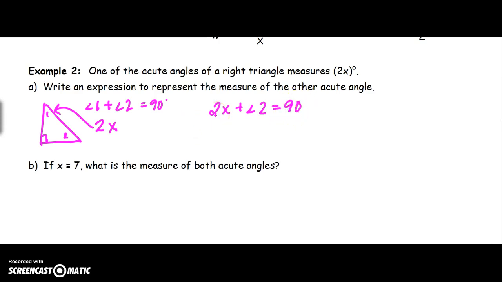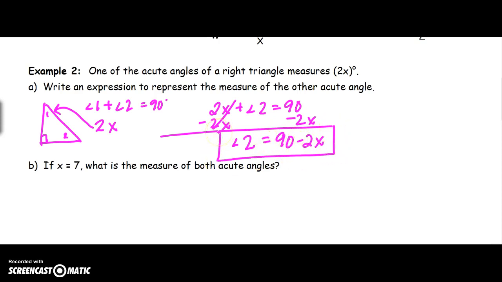What we would do in this example is subtract 2x from both sides to get angle 2 alone, because that's what we are trying to find. So 90 minus 2x is going to be your expression, because you know that they add up to 90 degrees. If you take that 90 and subtract whatever angle 1 is, that will give you angle 2.